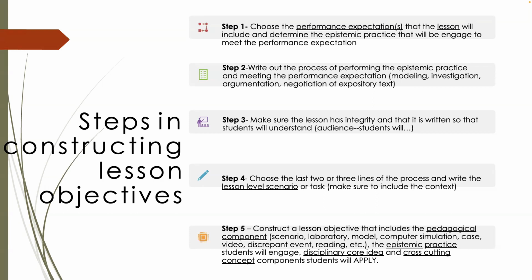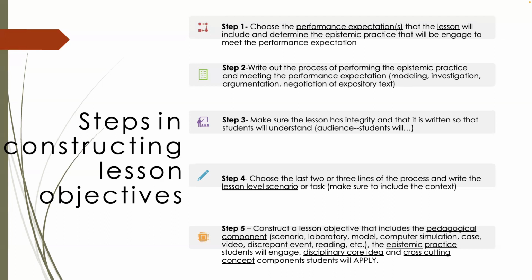We're going to choose the learning or performance expectation that the lesson will include and determine the epistemic practice that we will engage to meet the performance expectation. Then we're going to write out the process of performing the epistemic practice and meeting the performance expectation. So in science, that's modeling or engineering design, investigation, argumentation, and negotiation of expository text.